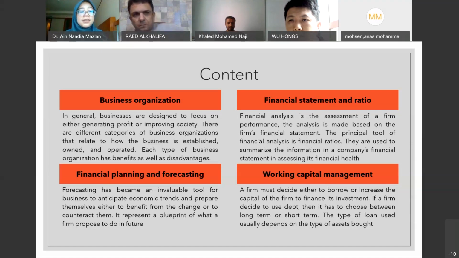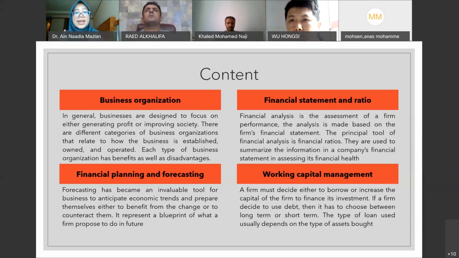So there are different categories of business organization that relate to how the business is established, owned, and operated.